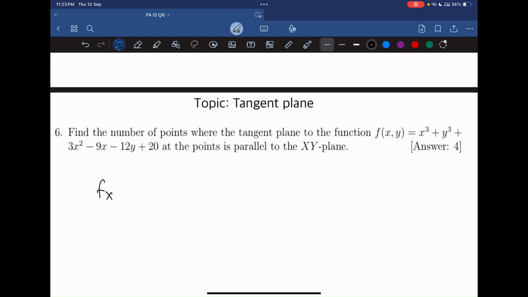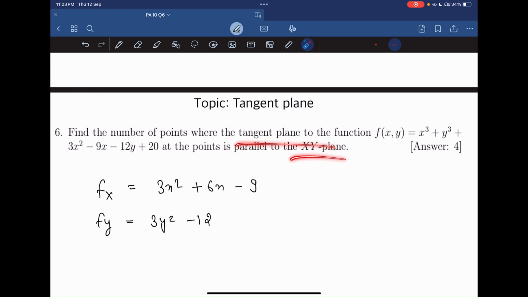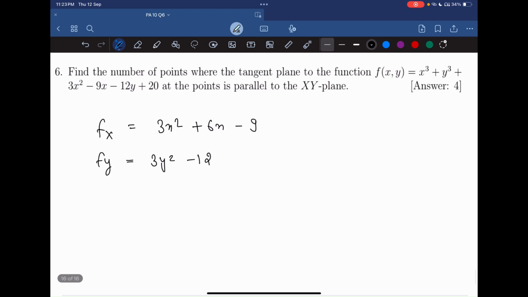So if we calculate the partial derivative with respect to x for this function, we will get 3x square plus 6x minus 9, and with respect to y, 3y square minus 12. Now the points where these two become 0 are the points where the tangent plane would be parallel to the xy plane.